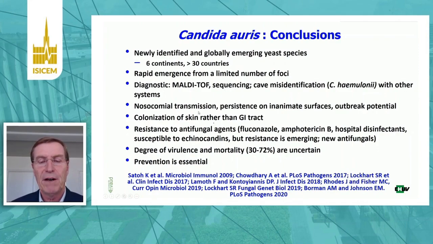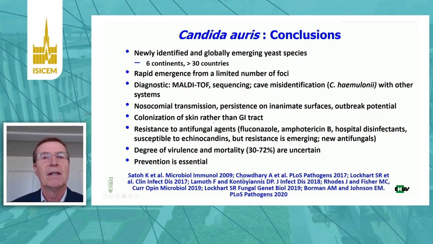It causes nosocomial infection. It persists on surfaces. It colonizes the skin rather than the GI tract. It's resistant to antifungal agents, primarily fluconazole and the other azoles, but also sometimes to amphotericin B or hospital disinfectants, and it's susceptible to echinocandins, but resistance has been reported, and there are new active antifungal agents.